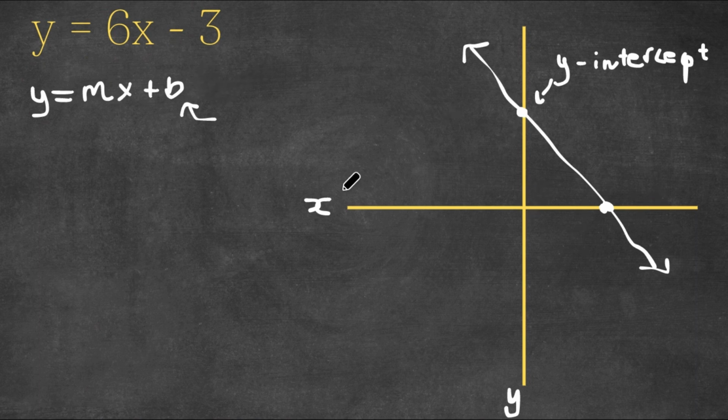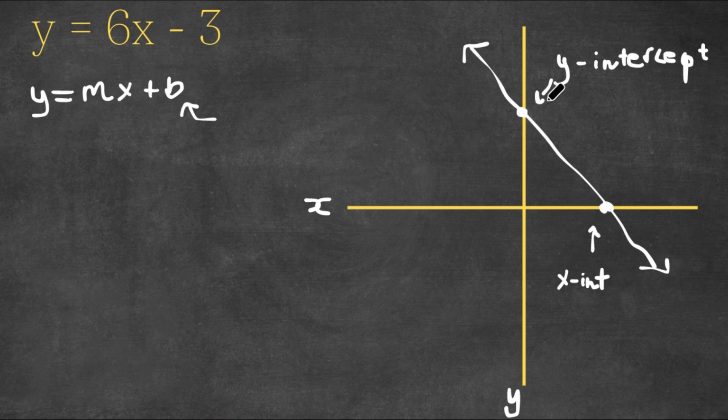So now for our x-axis, the point where our line intercepts the x-axis is known as the x-intercept. I'm just going to write int. So now that we know what x and y intercepts are, why don't we try finding the x and y intercepts from an equation?